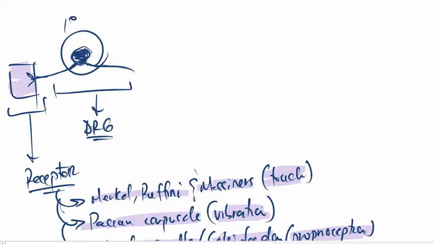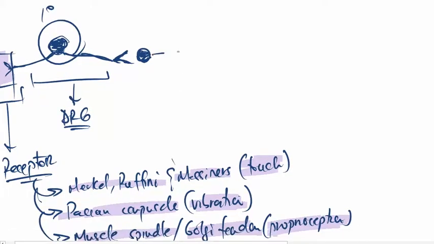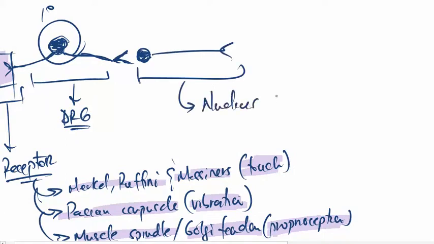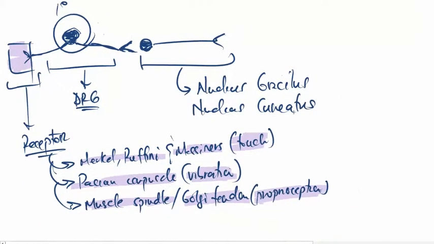This neuron is then going to synapse in either the nucleus gracilis or the nucleus cuneatus. We'll get into this in a little bit.